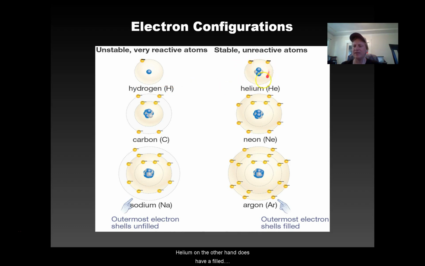Helium, on the other hand, does have a filled outer shell because it has 2 here, right? And you can only fit 2 in that first valence shell, as I've told you. So helium is stable. If you want proof of this, put a lighter on a helium balloon, it'll just pop. Put a lighter on a hydrogen balloon, it will explode.